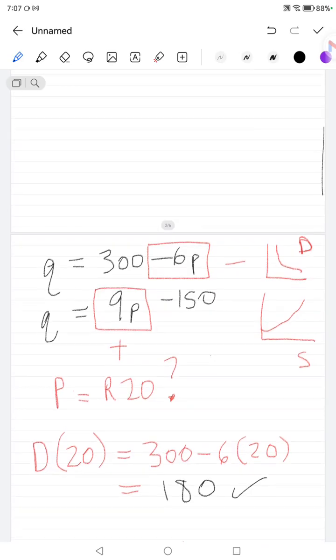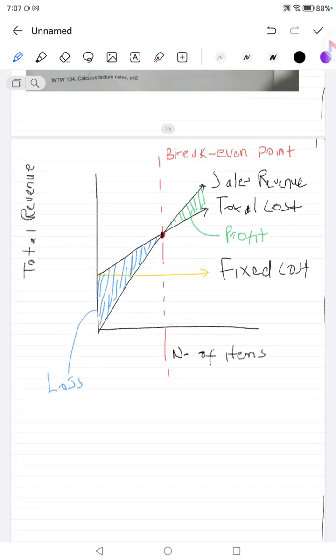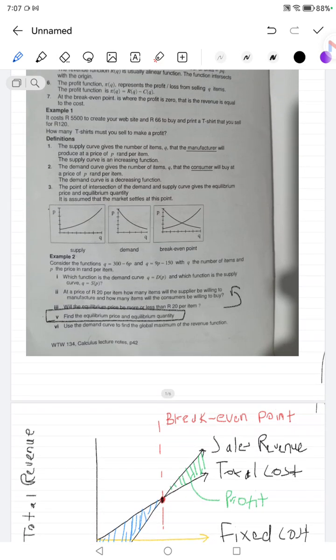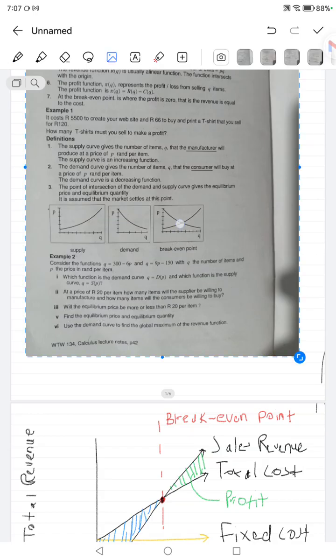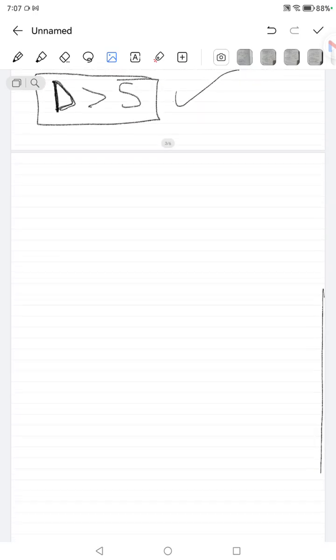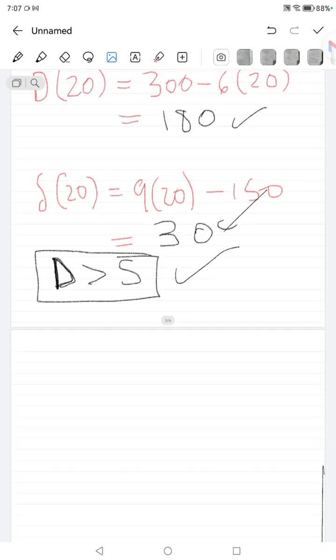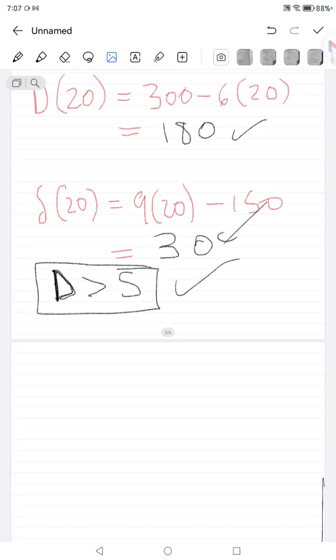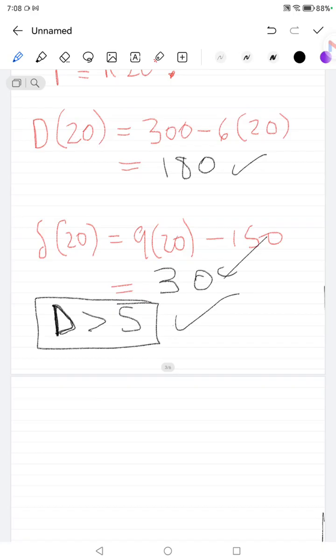Then now what are we dealing with? We're dealing with your demand and supply. What's happening at your break-even point? At your break-even point, you have this and they're meeting this side. So you have to go and use the intercept like we were doing in the last theme for WTW. I'm just mixing these modules because there are a lot of modules.